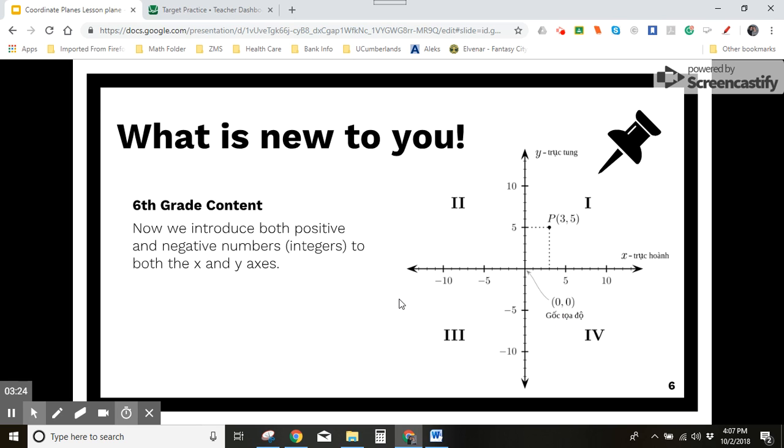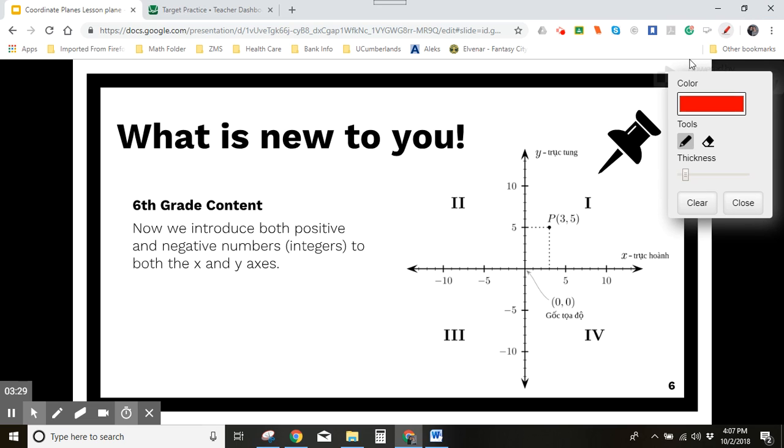So what is new to you? Well, in 6th grade, we introduce quadrants 2, 3, and 4. But let's look first, before I overwhelm you, at just the x-axis. This point right here is my 0, and all numbers to the right are positive.